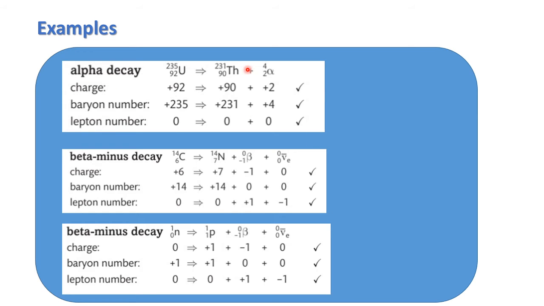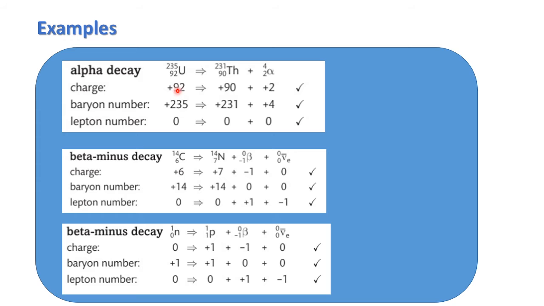Then take these examples. One is alpha decay. Look at this. Here the number 92 is the atomic number, which represents the number of protons. It has a charge of +92 here, and here +90, 90 protons, and here +2.